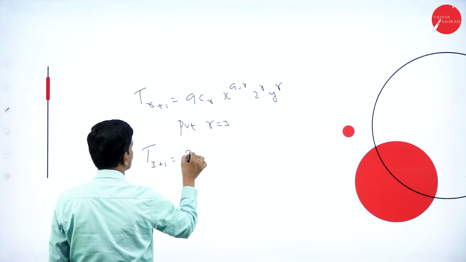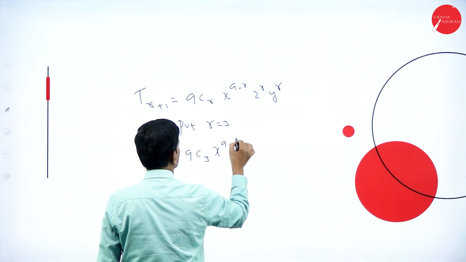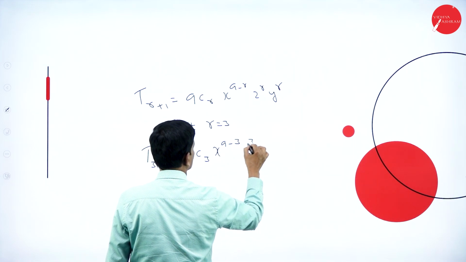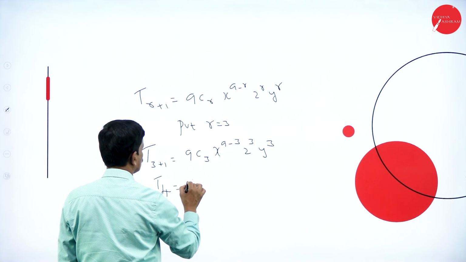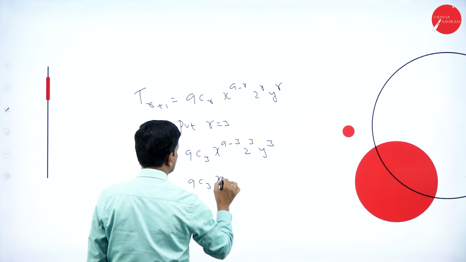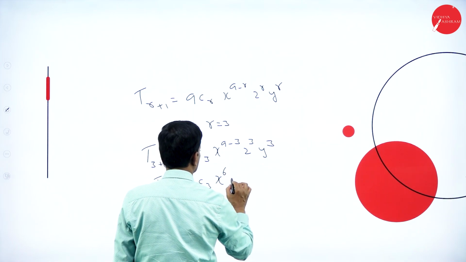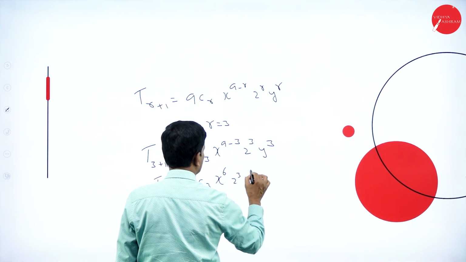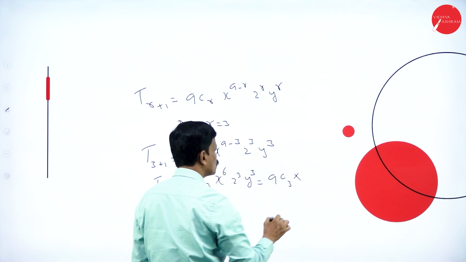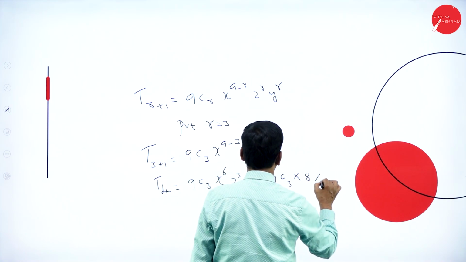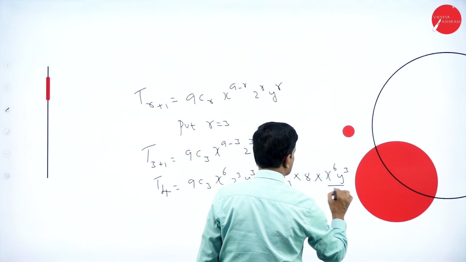T(3+1) is equal to 9C3 x to the power of 9 minus 3, 2 to the power of 3, y to the power of 3. So T4 is equal to 9C3 x to the power of 9 minus 3 is 6, and 2 cube into y power 3. So that is 9C3 into 2 cube, 2 2s are 4, 2 4s are 8, into x power 6 and y cube. So this is the coefficient.